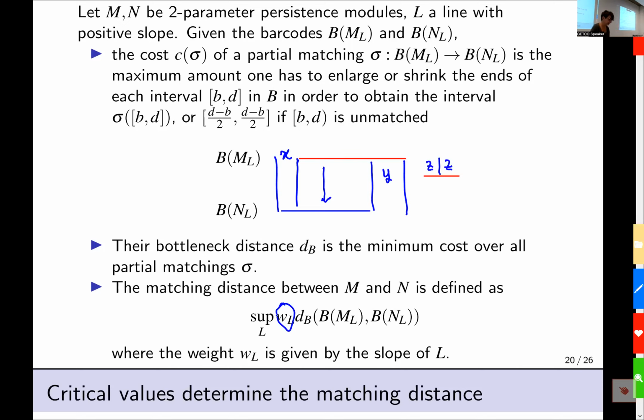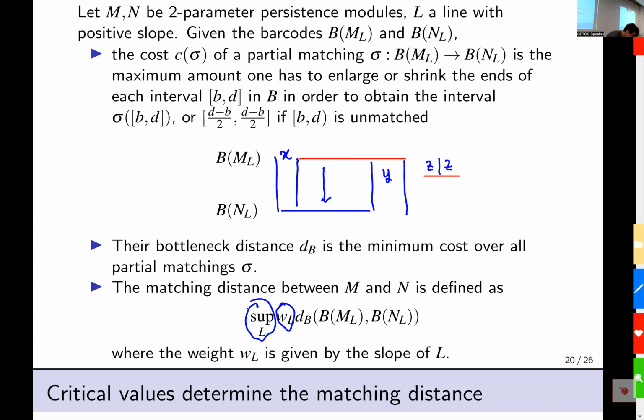So again, the idea here is to use critical values in order to reduce this supremum over all lines with positive slope to finitely many lines, the least possible number of lines, in order not to waste too much time with computations.